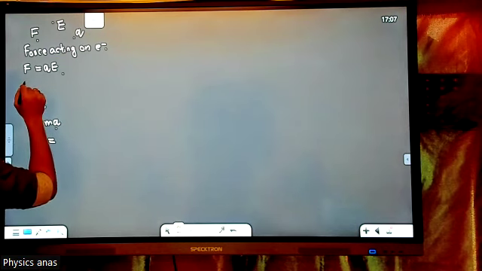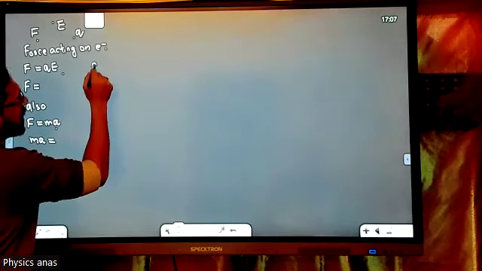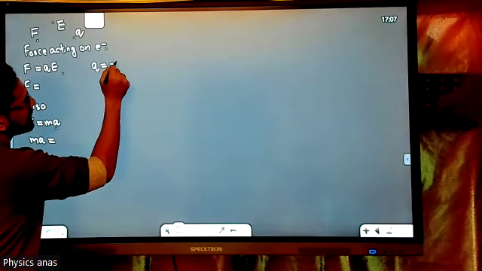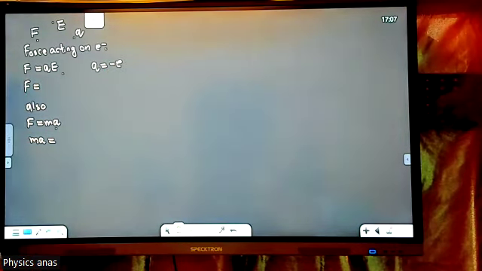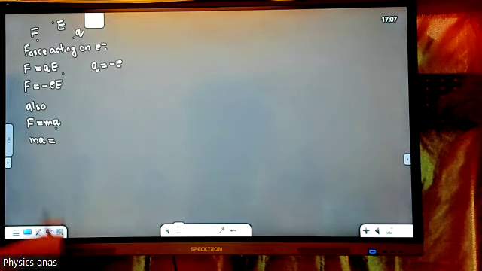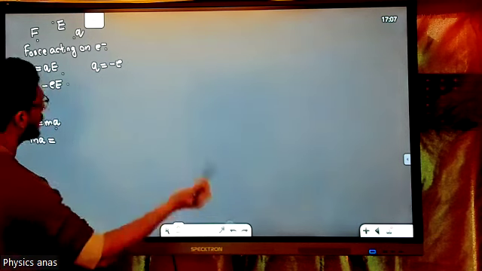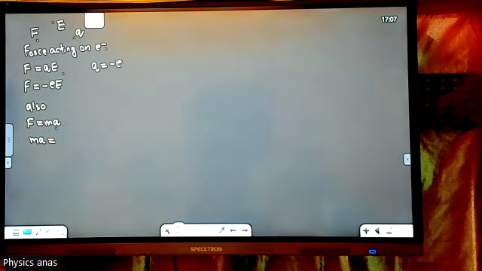What is the charge on an electron? You can take it as minus e. So this F will be minus eE. You can take it as equation number 1 or without any number, no problem.